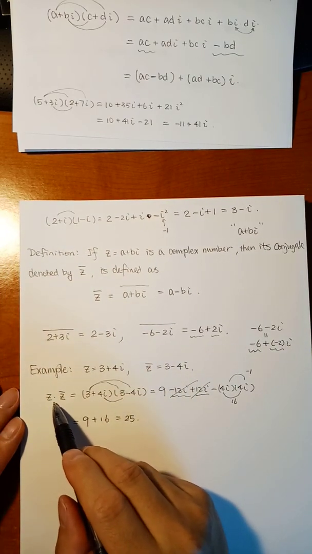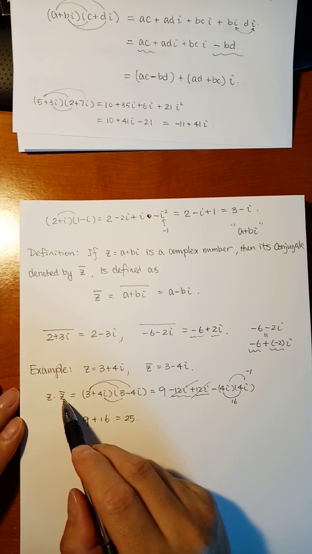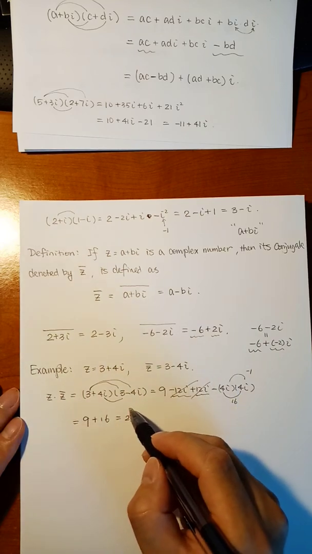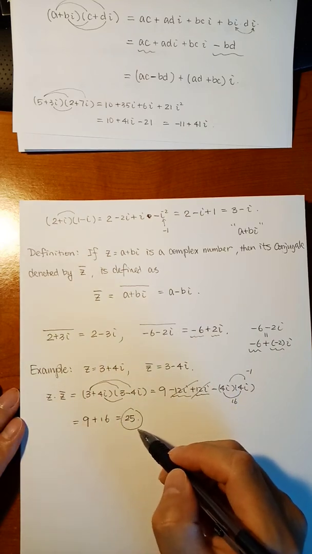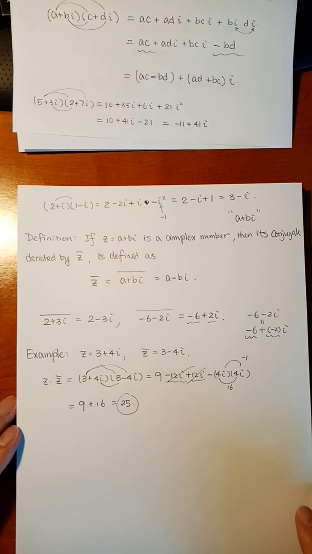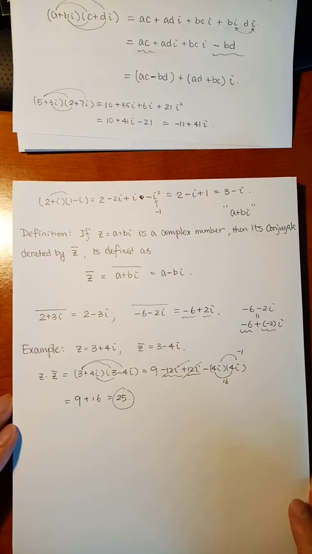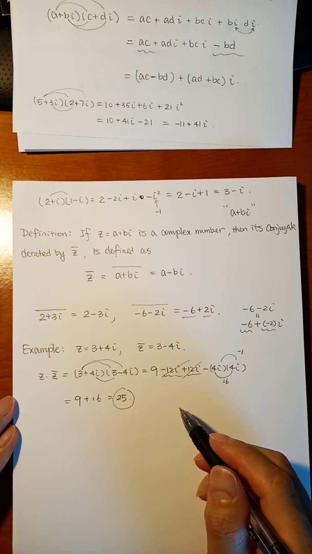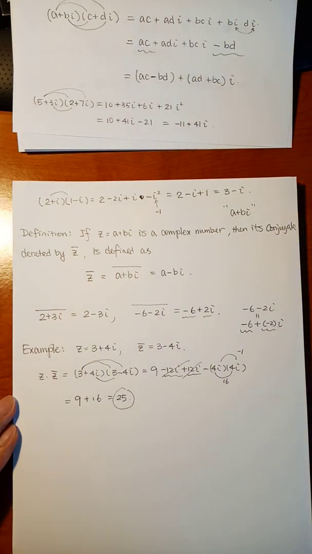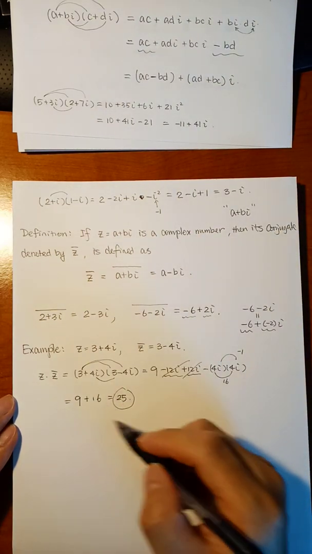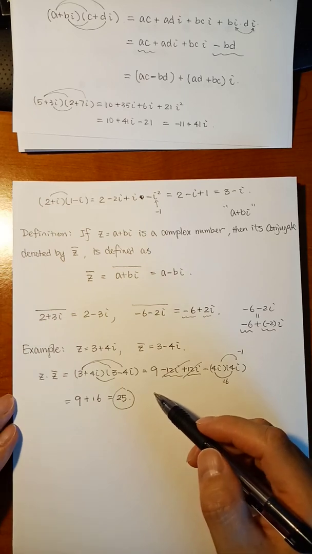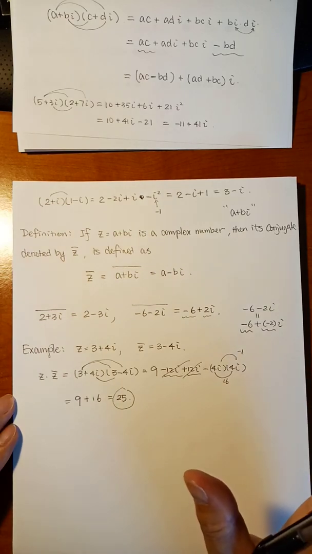See, you have a complex number. You multiply this complex number by its complex conjugate, but the result becomes a real number. No imaginary part. Well, this is not a special case.